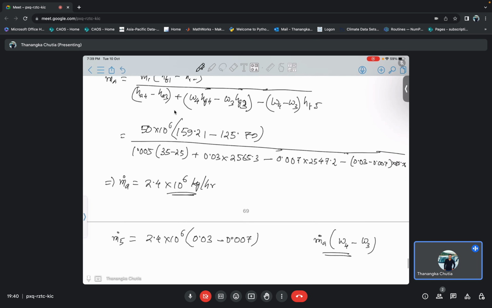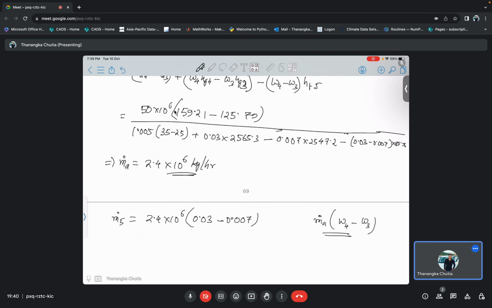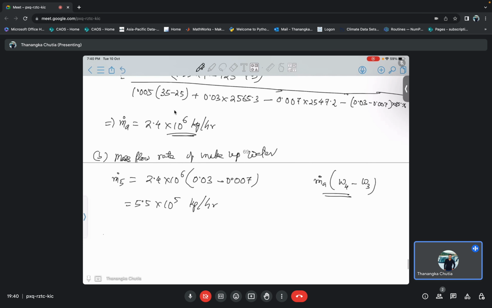So you will get this as 5.5 into 10 to the power 5 kg per hour. So this is your mass flow rate of makeup water.